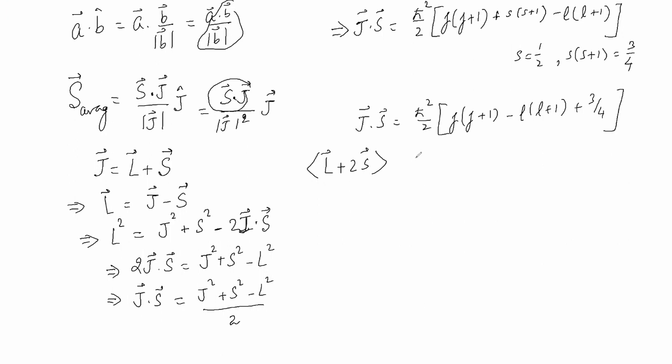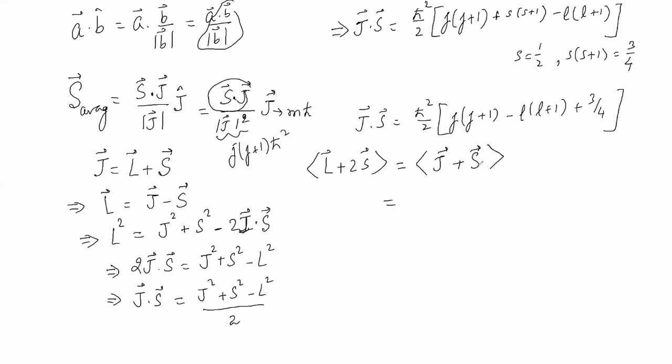Then we were supposed to evaluate the expectation value of L plus twice S, which we wrote as J plus S. J we have obtained, and S we have obtained in the present case as the average value of S dot J upon J square times J. We know J square is J(J+1) h cross square, and J gives the eigenvalue M h cross.